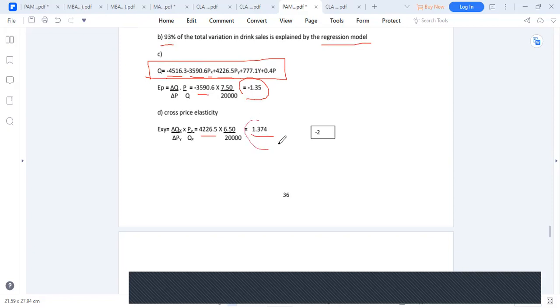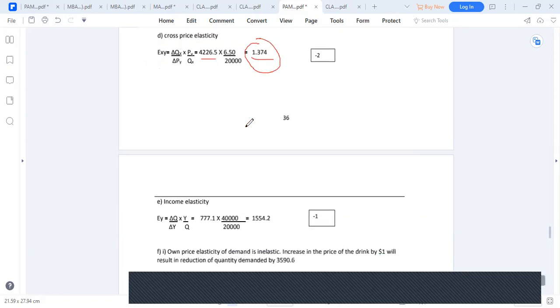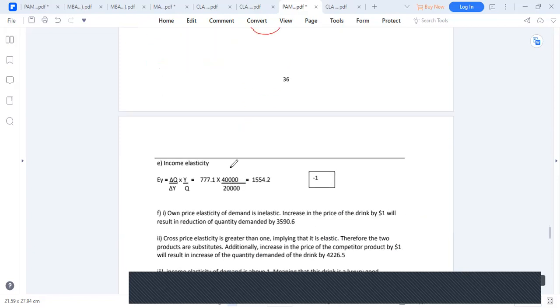which is 1.37. So here we know when we have a positive cross price elasticity, what does it mean? That these are substitute goods. If we had a negative, we would say they are what? Complementary goods. You remember that? Yes. So we also go to income. When we calculate and we get a positive answer, this implies that it's a normal good. Of course, this is more than 1.